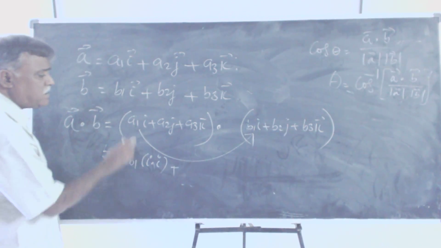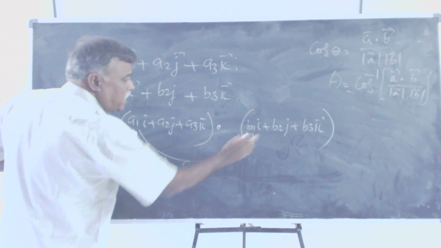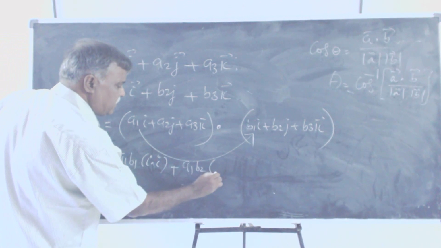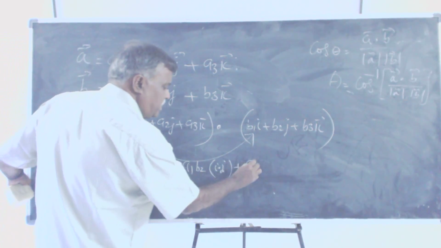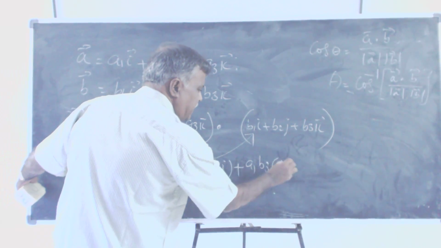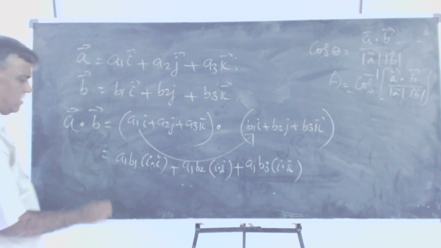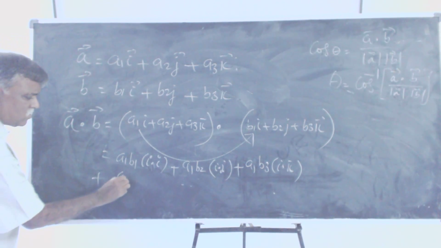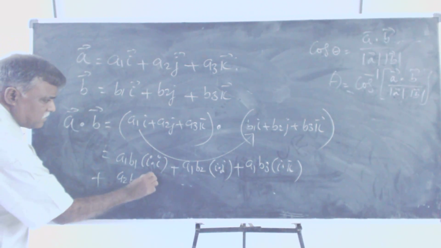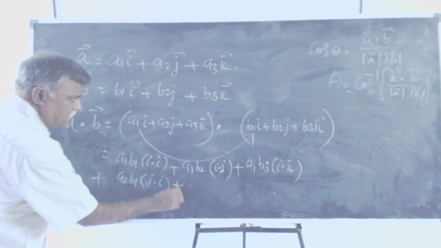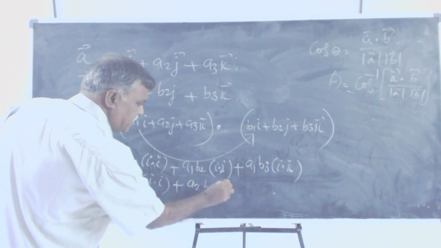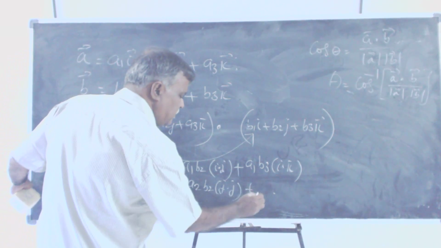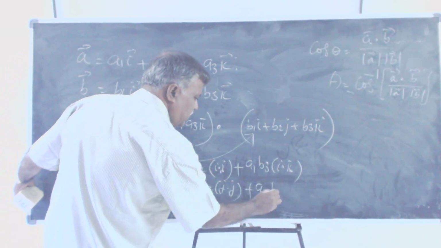And then plus, what will you get? A1 B2, i dot j. A1 B3, i dot k. Next plus A2 B1, j dot i, plus A2 B2, j dot j, plus A2 B3, j dot k.